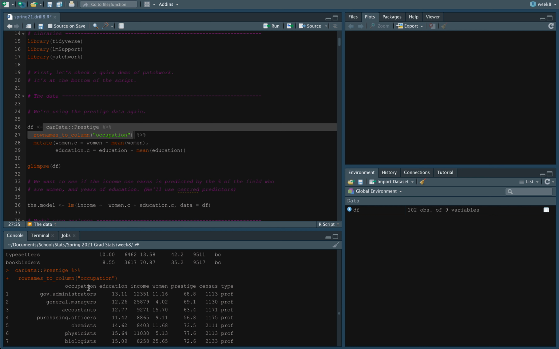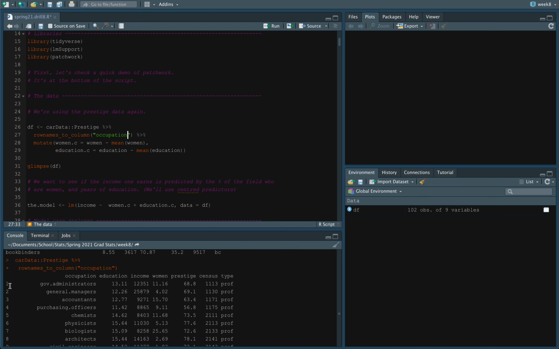We've now created our occupation variable, because you remember that tibbles, tidy data in general, do not use row names ever. Row names are just bad. In fact, if you have something that does have row names and along the process you turn it into a tibble, you will lose that information. So that's why here on the front end, I'm saving that information into the data frame.